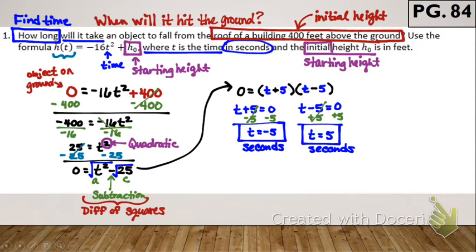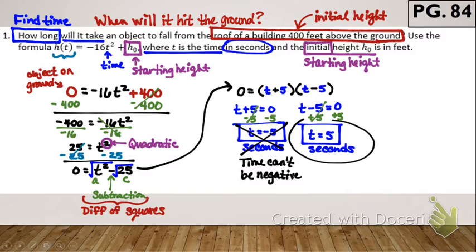You're absolutely right. So even though both of these answers are mathematically correct, and in some contexts both answers would work, in this particular situation, because t means time, we can't have negative time. So I would throw this one out because time can't be negative. And so I would have just this one answer here.